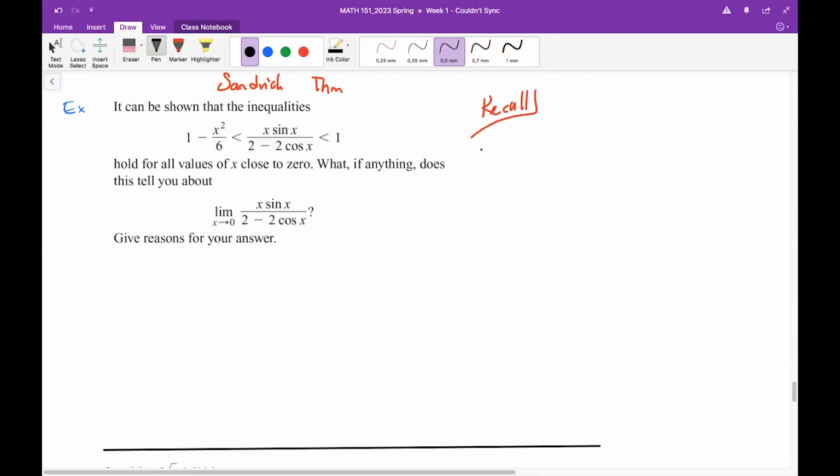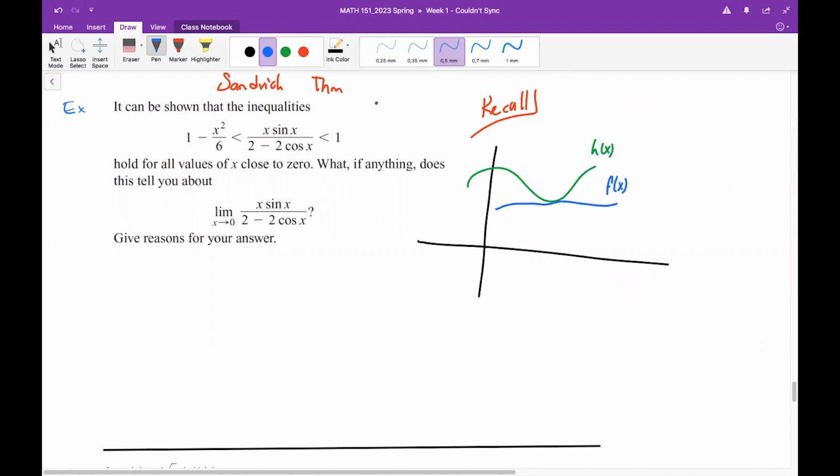Now, I will draw three different functions. Let's say this is h of x, and let's say this is f of x, and let's say this is our g of x function. As you can see from their graphs, there is an ordering between these three functions.